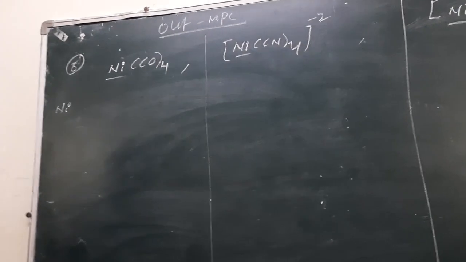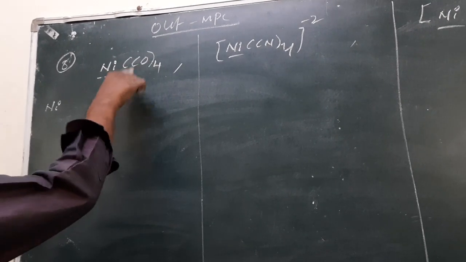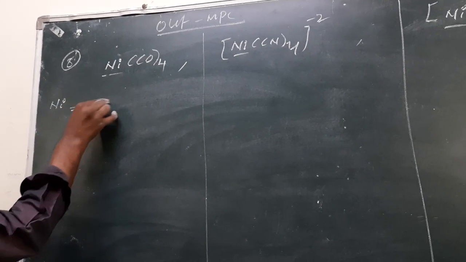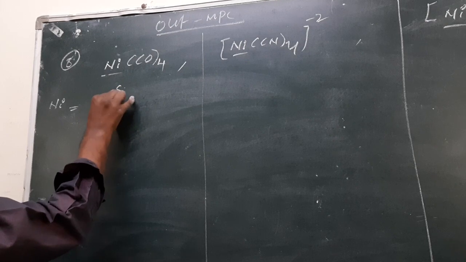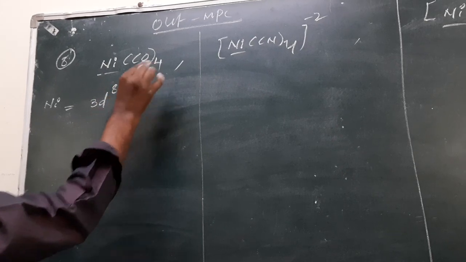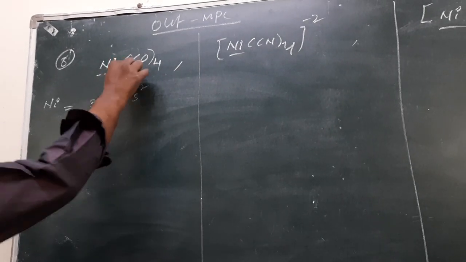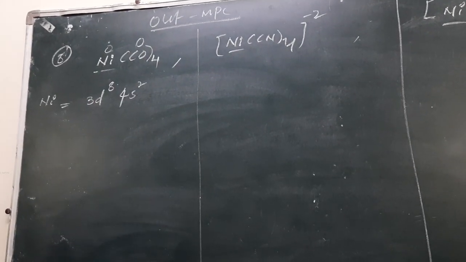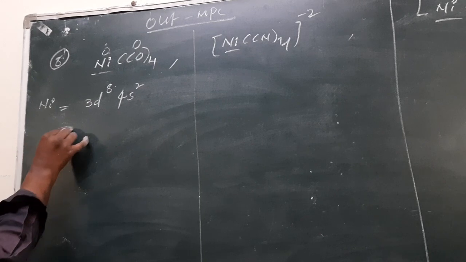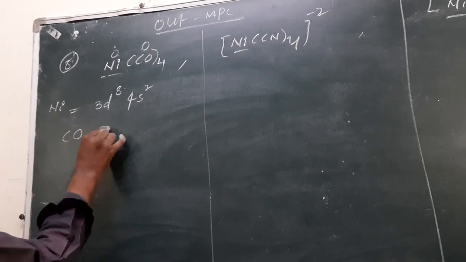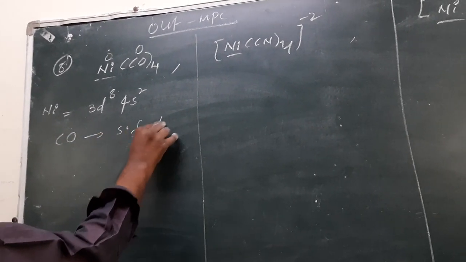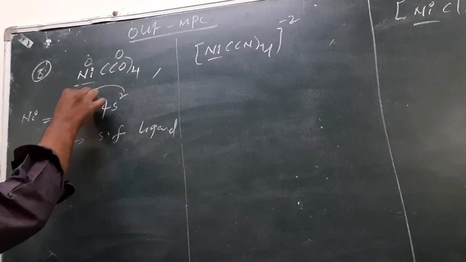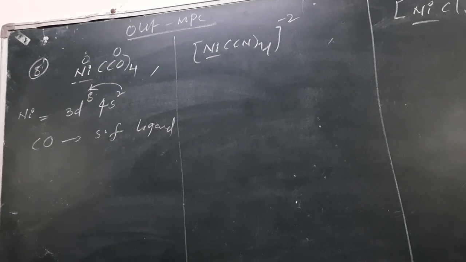Here nickel tetracarbonyl complex. Nickel outermost electronic configuration 3d8 4s2. Here carbonyl is a neutral ligand, 0, so nickel oxidation state is also 0. And here carbonyl is a strong field ligand. In the presence of strong field ligand, these two electrons jump into the 3d orbital.